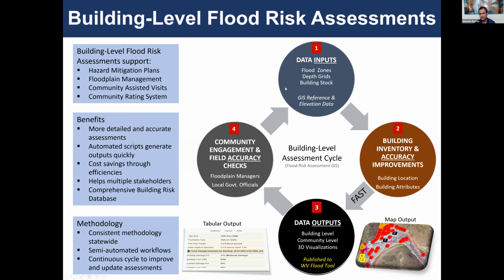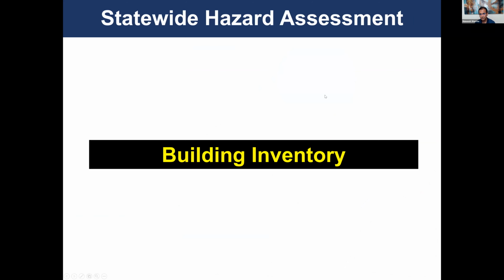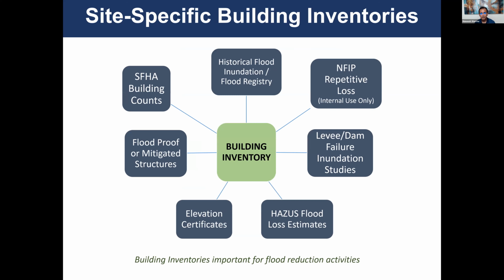So I'll start with this first data input, the building stock, the building inventory. And building inventory is pretty important, right? For anything, to have a more accurate assessment. For example, in a flood hazard area, if we want a building count, we need the correct building inventory.